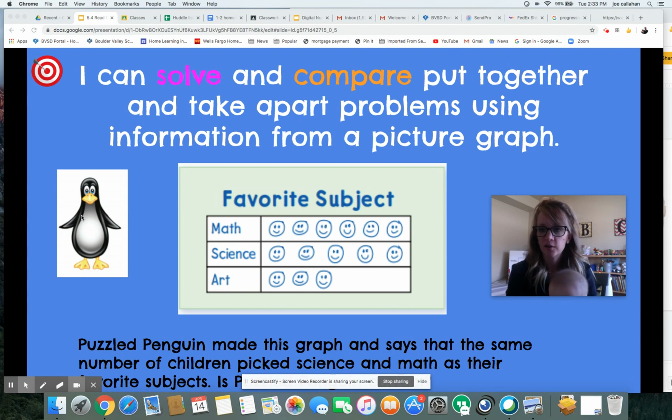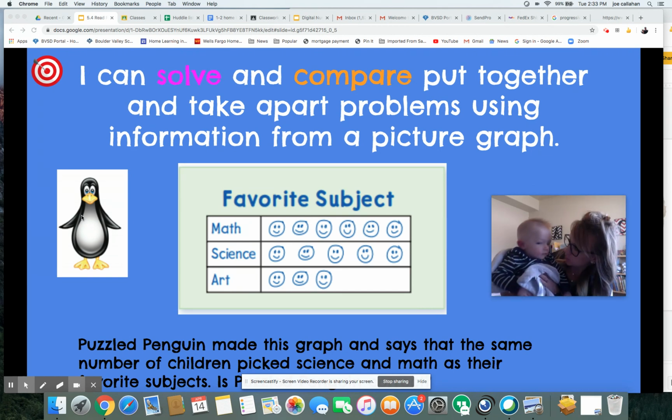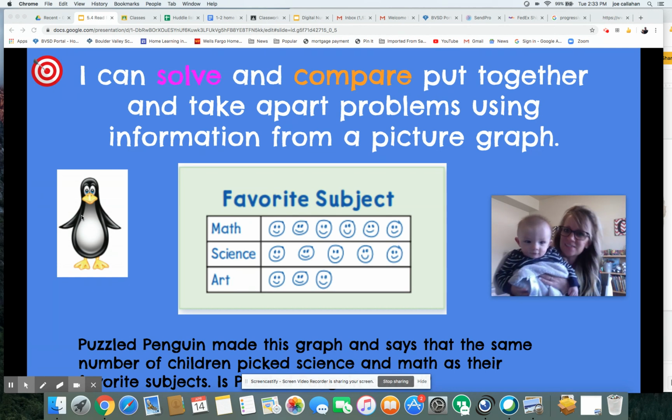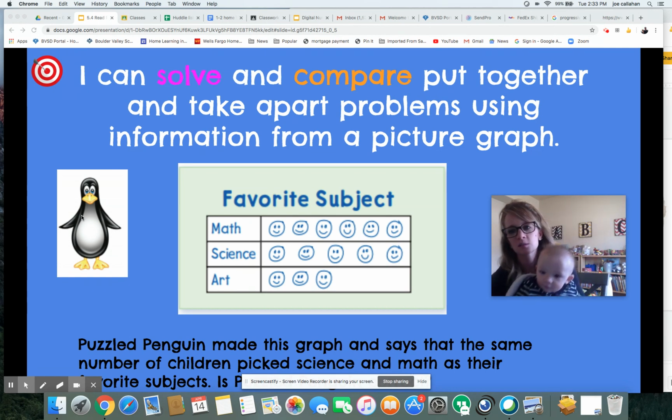If you have an adult, a friend, a sister, a dog, a cat nearby, you can turn and tell them, I agree with Puzzled Penguin because, or maybe, I disagree with Puzzled Penguin because. So I want you to write somewhere or tell someone, do you agree or disagree that math and science have the same number of kids who chose it as their favorite subject? Pause the video now so you can jot that thinking down and then come right back so we can continue together.